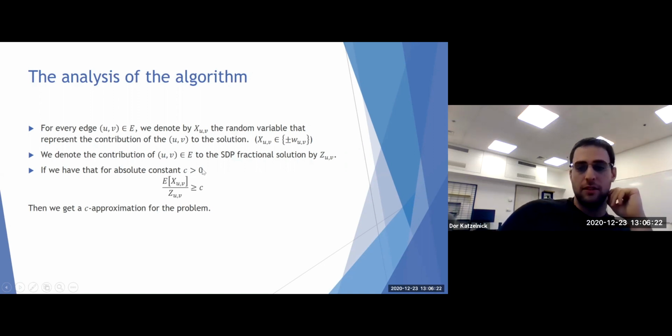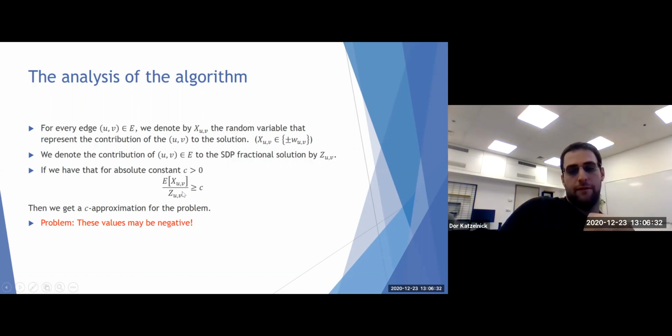But this will not be so easy because there is a problem here: the signs of this value can be negative. So if, for example, this is positive and this is negative, then you can show that this will be at least some positive constant C.